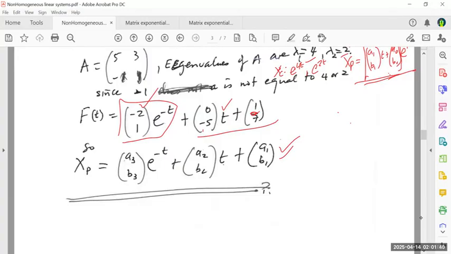So it is based on the premise that xp should be linearly independent to xc. And then it's also determined by the fact that f of t has the forms of exponential, trig, and polynomials.